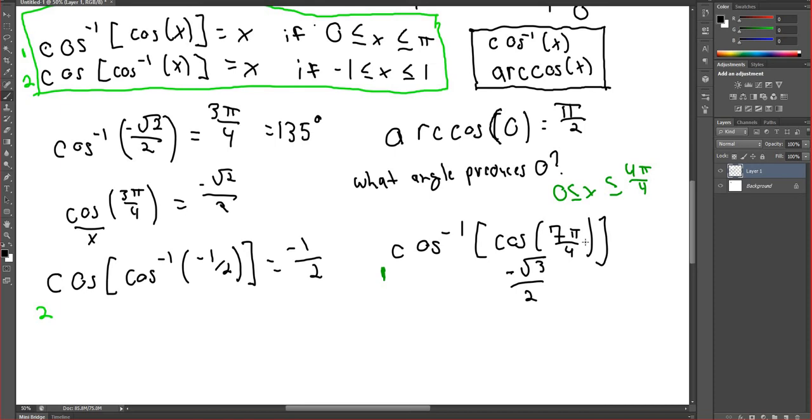Oh yeah, my bad. It's negative square root of 2 over 2. It's a 4, so it should be root 2 over 2. Okay. So I now need cosine inverse of negative root 2 over 2. What angle produces negative root 2 over 2 for cosine inverse?